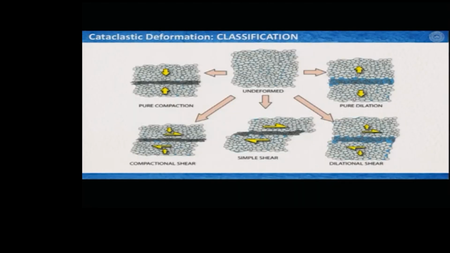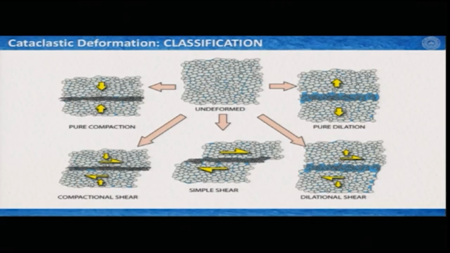Now, talking about this porosity reduction or permeability reduction, which is particularly applicable for localized cataclastic deformation, here I try to give you a summary diagram, some sort of classification diagram. If I consider this one as an undeformed setting of grains, and these blue things behind are your pore spaces, then you can have pure compaction without any shear component. The rocks can deform, and then it can form the localized cataclastic deformation.